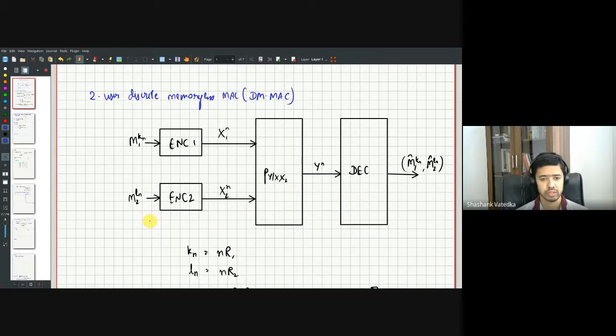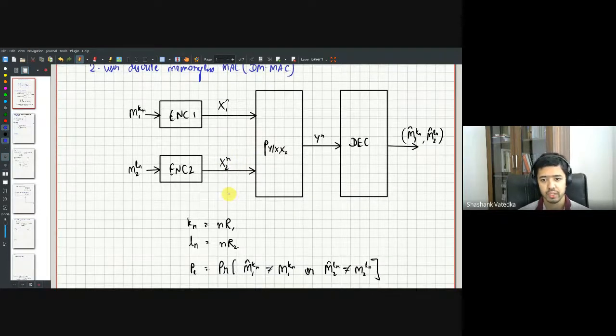So both are important in this setting. It's discrete, which implies that the alphabets are discrete and the channel is memoryless. So in some sense, the way the channel corrupts different symbols is independent of the way it corrupts the other symbols. Okay, so let's look at it in detail.